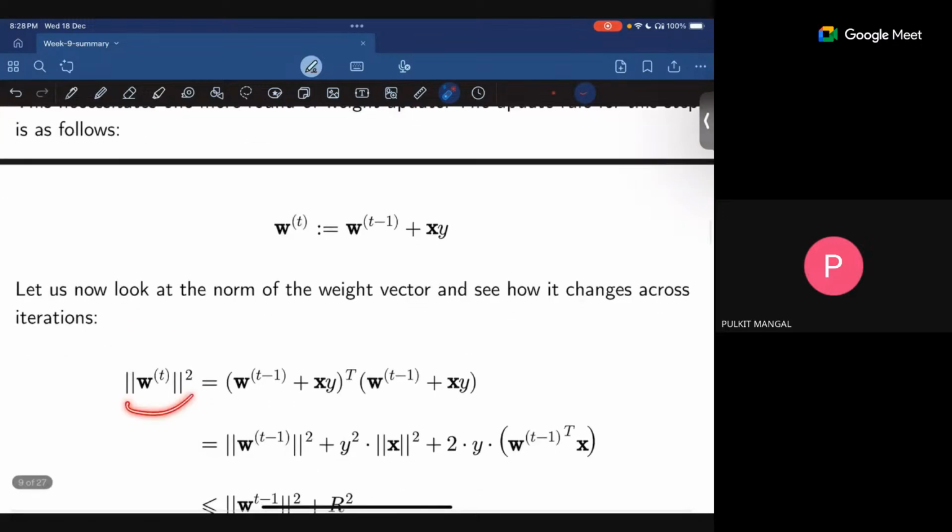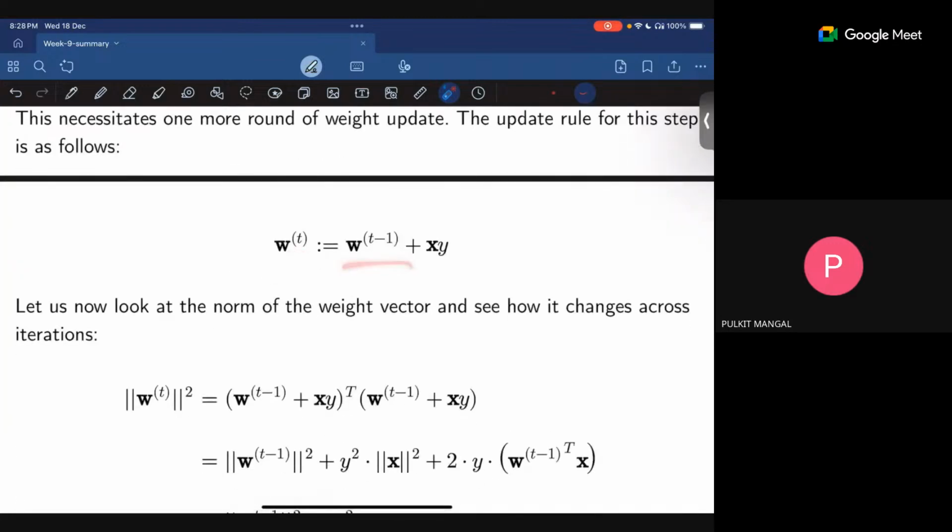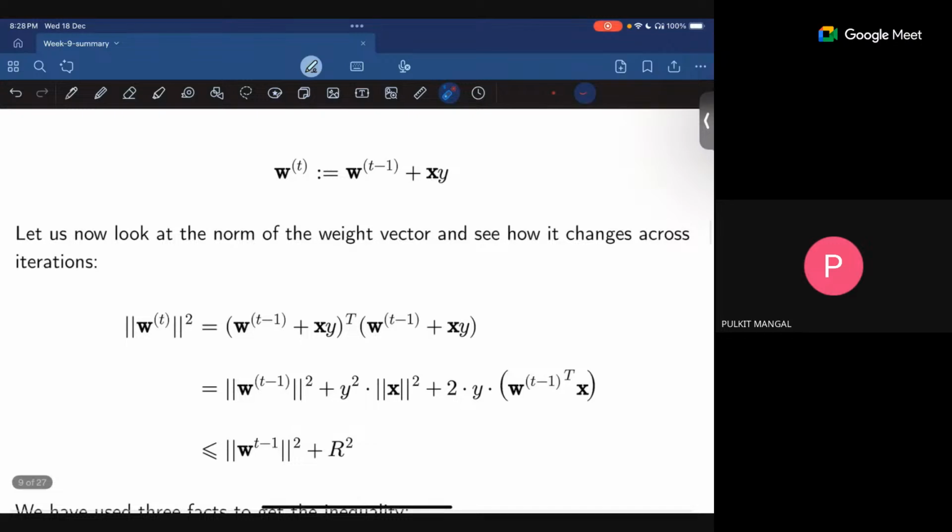So we take the norm on both sides. The norm squared is the same as taking the dot product of the vector with itself.